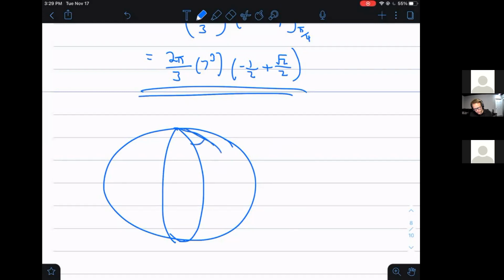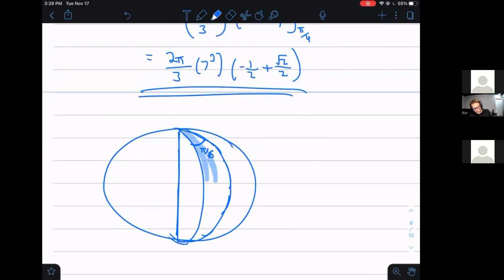So this angle right here is pi over 6. And again, it's just going to be along the diameter here. In fact, we don't even need this back piece. So here's the part of the sphere. This almost looks like a taco or something. And it's cut by a couple of planes. Something like that.